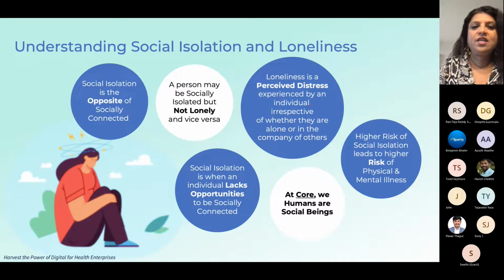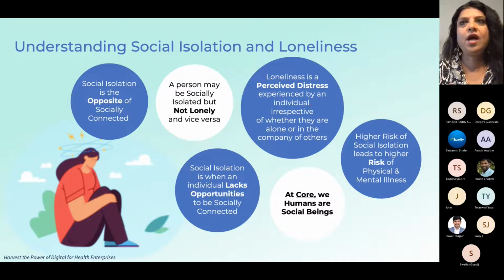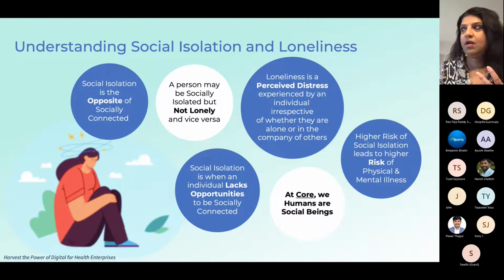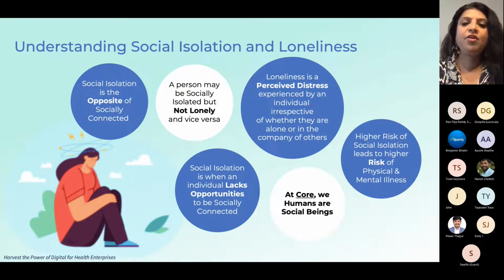Social isolation is an outcome of you not having an opportunity to interact with people. Whether that's a physical limitation because you are debilitated, because you're disabled, you're not able to go out and meet with people, or if it is an outcome of maybe not having the opportunity, just like during the peak times of the pandemic when we were mandated not to interact with people.